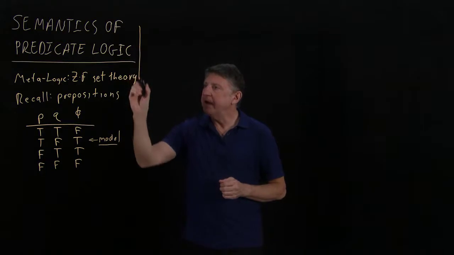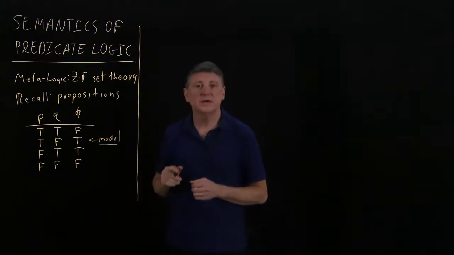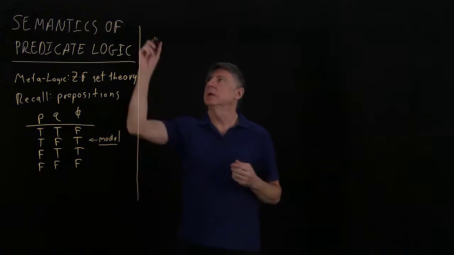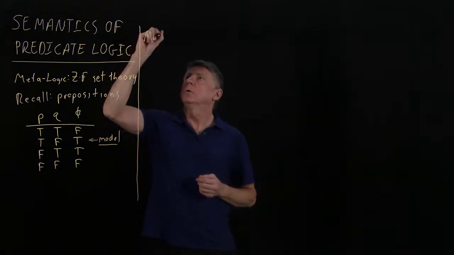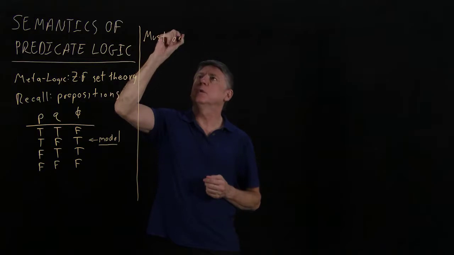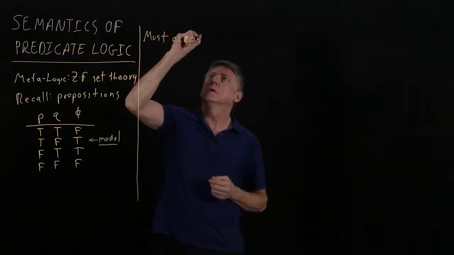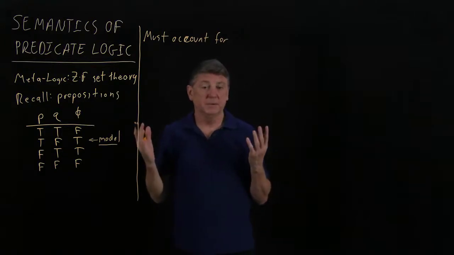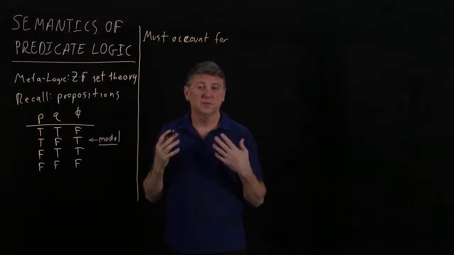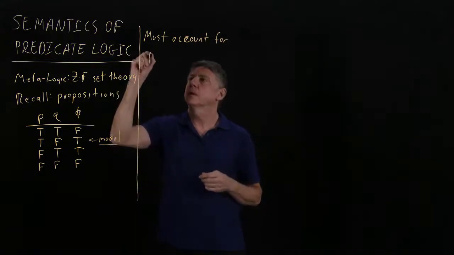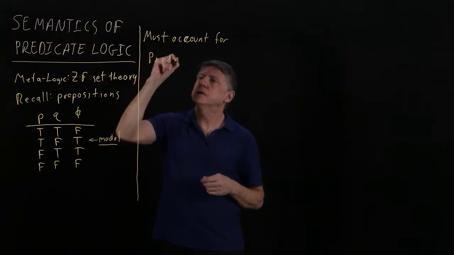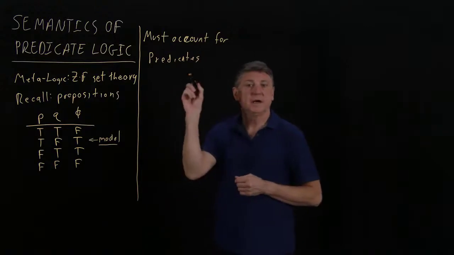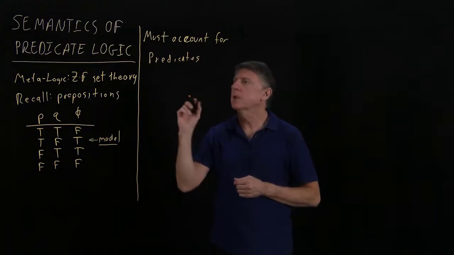What do we have in predicate logic? Well, we have something much more complicated, right? So now we must account for, well, the immediate thing that we have to account for is predicates. And that is going to be a session of its own.